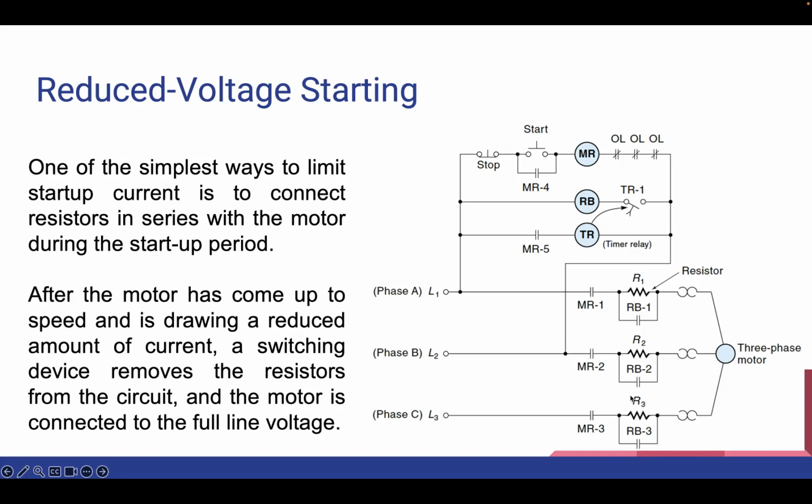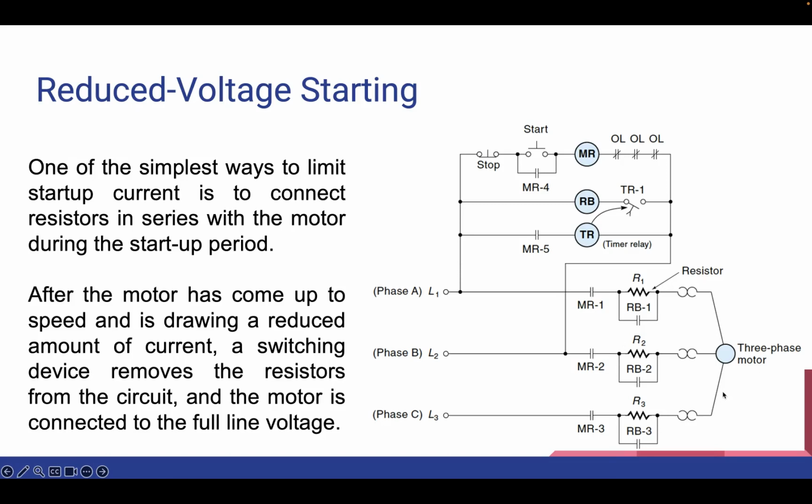In this you will notice R1, R2 and R3 in series with the motor power lines, and each resistor is bypassed with relay contacts. When the start button is pressed, the MR relay coils, MR1, 2 and 3, are energized, closing their contacts and connecting the motor to the power line via the resistors.